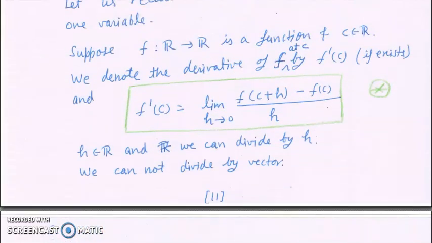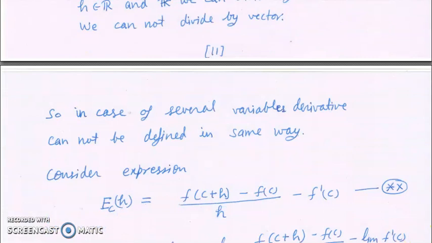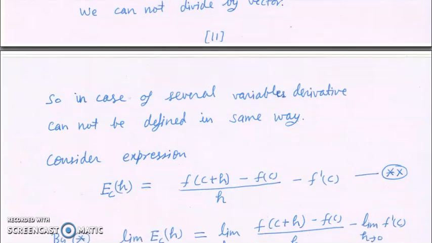So now in place of defining it like this in case of single variable, I am going to define the derivative in another way. So for that I am going to define a new function, and that function is E(h). E(h) is f c plus h minus f c upon h minus f dash c. So I am explaining the derivative of a single variable in a different way.